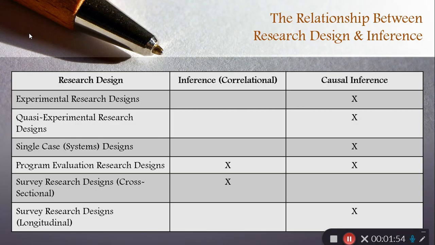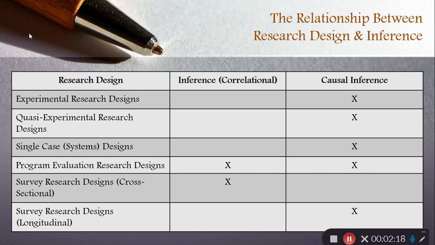In terms of the relationship between research design and inference, the question really is whether the survey research design is cross-sectional or longitudinal in nature. We know that cross-sectional designs involve collection of data at one point in time. Given this design, we are only able to draw basic correlational inferences.